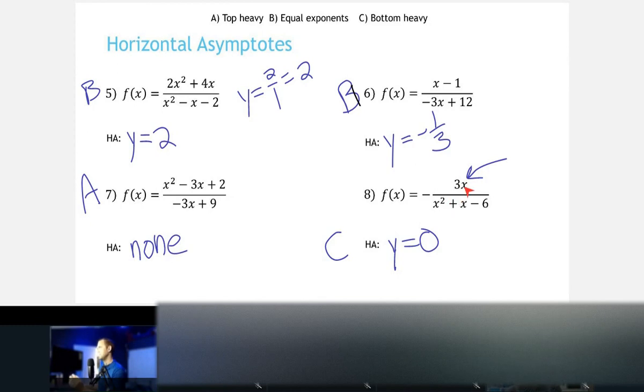So, when determining if a rational function is top heavy, even, or bottom heavy, you're looking at the exponents. 1 versus 2. 2 is definitely bigger than 1, so it's just bottom heavy.